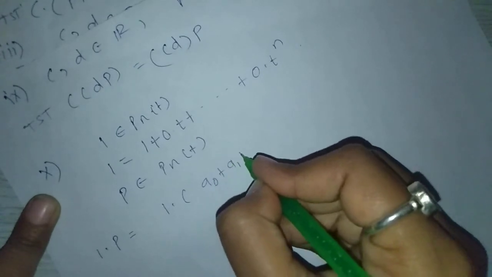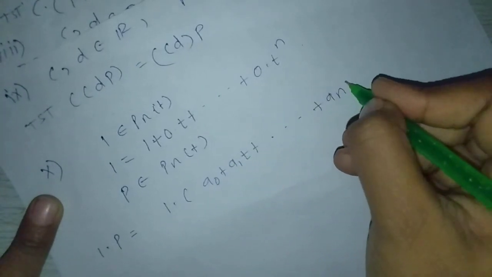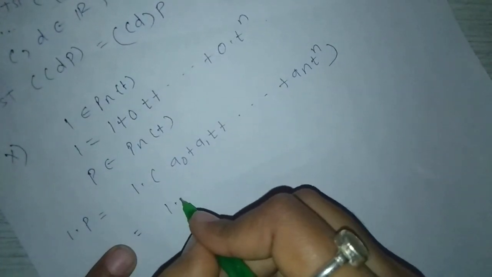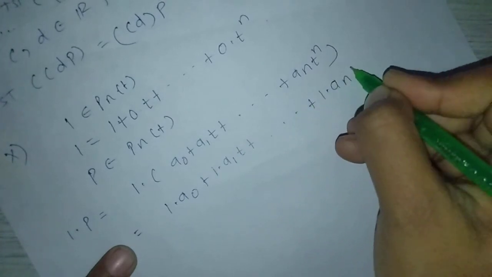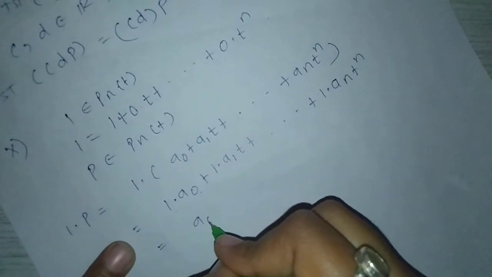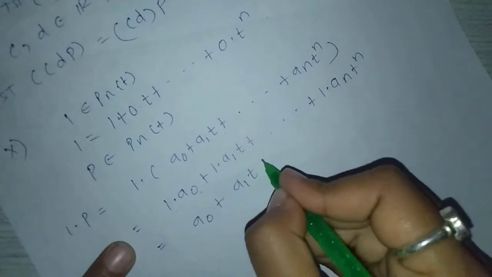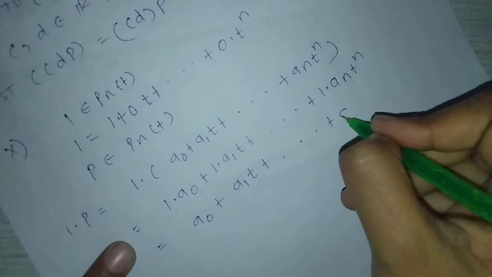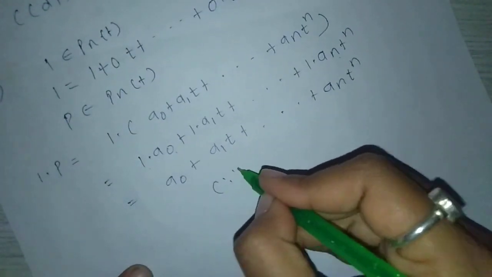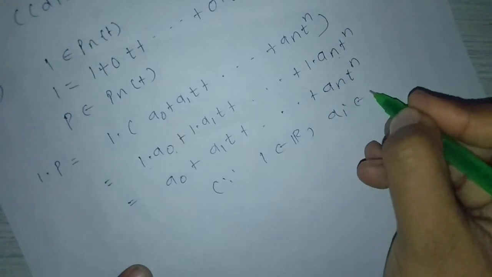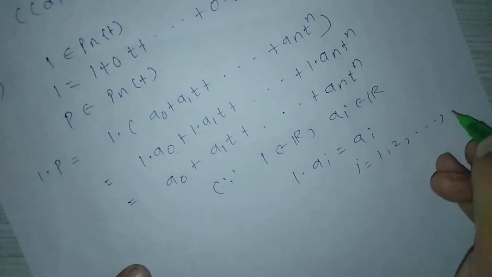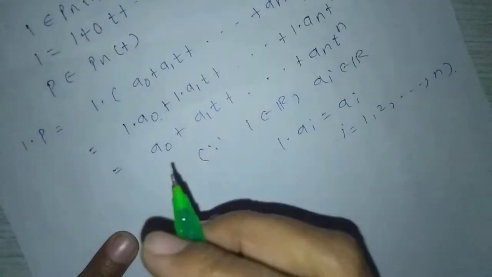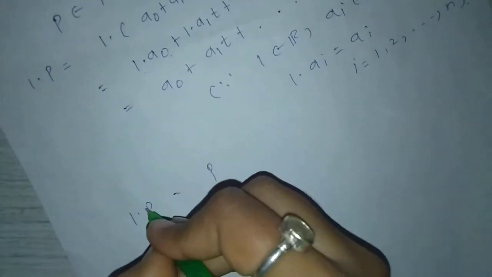So 1 into P equal to 1 into a naught plus a1t plus and so on plus an t raised to n, equal to 1 into a naught plus 1 into a1 t plus and so on plus 1 into an t raised to n. Since 1 belongs to R, ai belongs to R, so 1 into ai equal to ai, i running from 1 to n. This polynomial is nothing but P, so 1 into P equal to P.